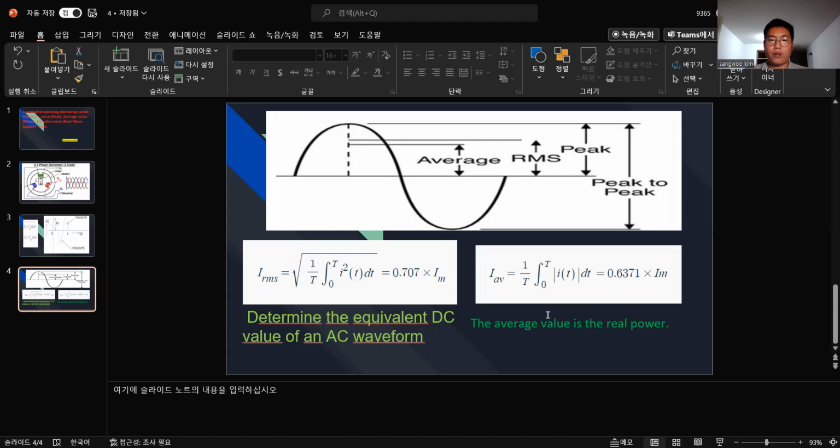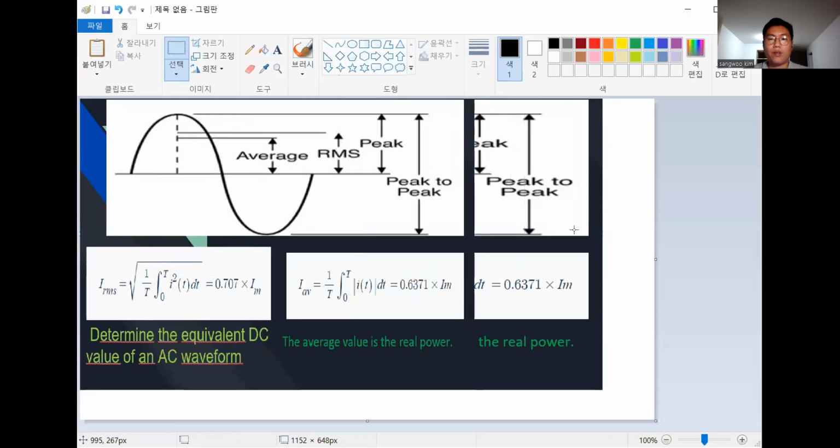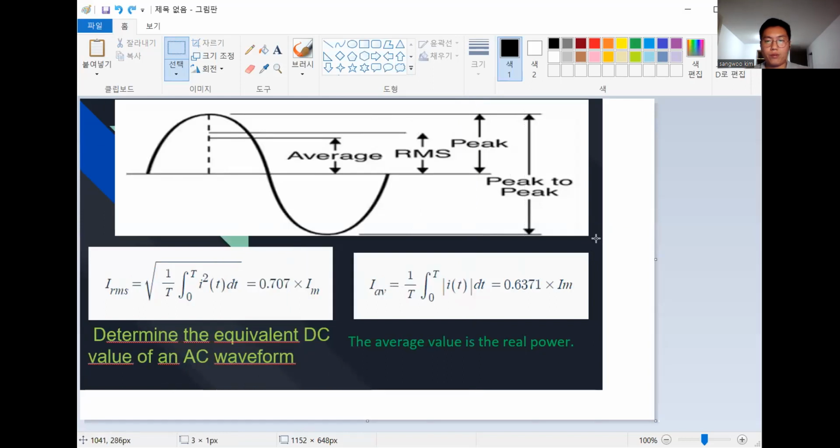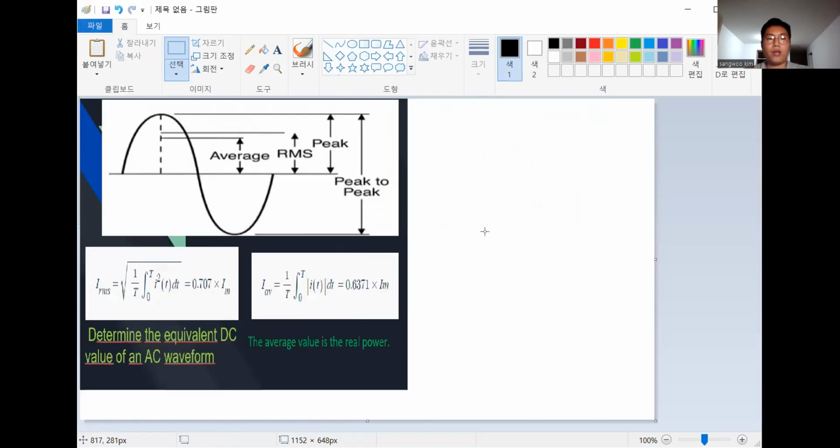Later we will learn about active power and reactive power, and what apparent power is. We will learn about it later. So what I'm saying is that average value is active power. Okay, let's see.